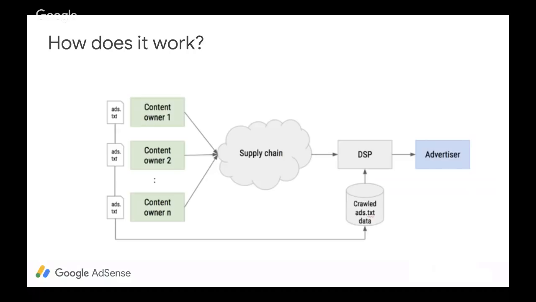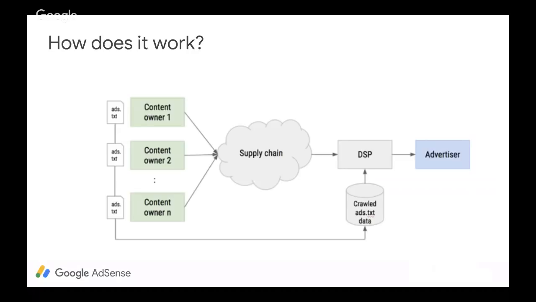So how does it work? Ads.txt works by creating a publicly accessible record of authorized digital sellers for publisher inventory that buyers can index and reference when they buy inventory and when they want to only purchase from authorized sellers.